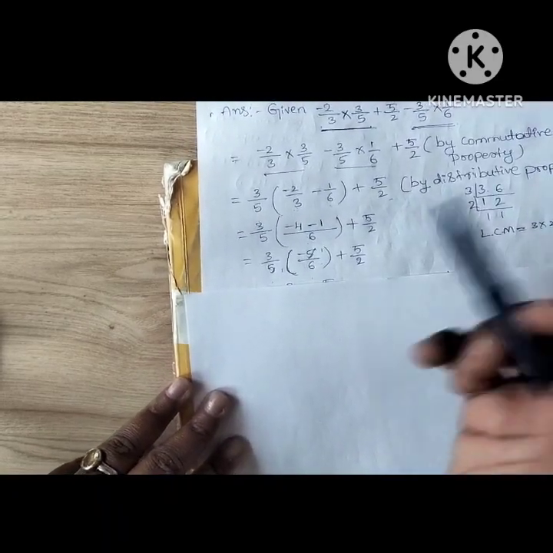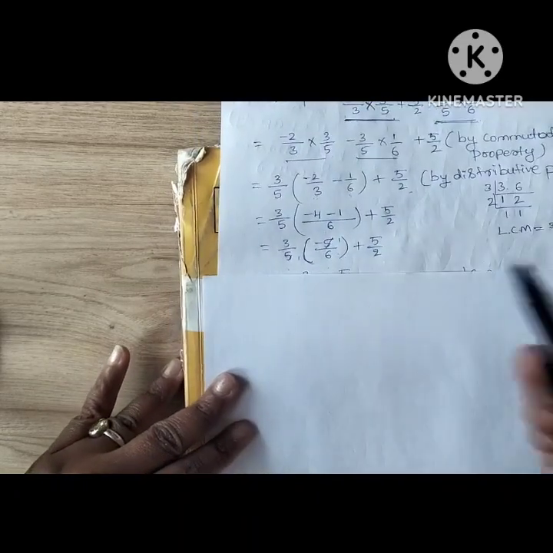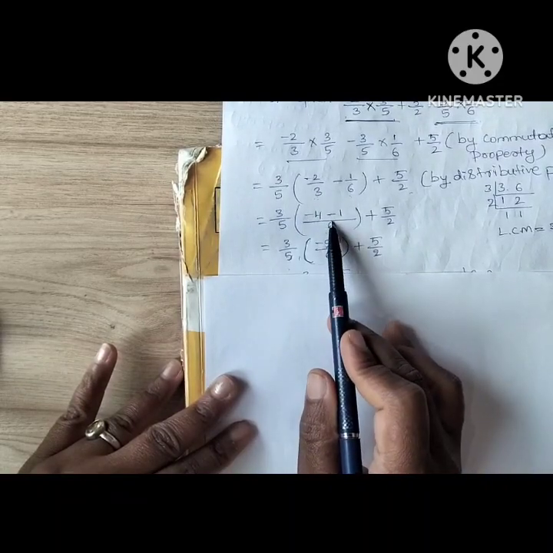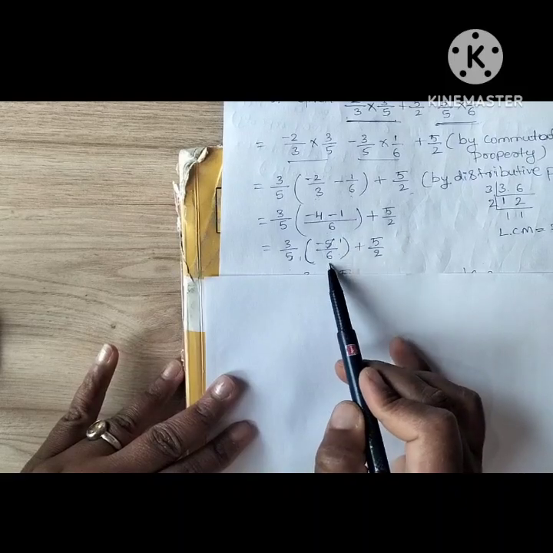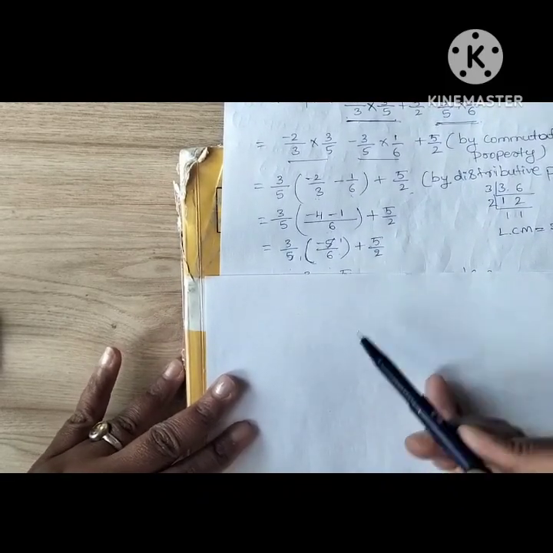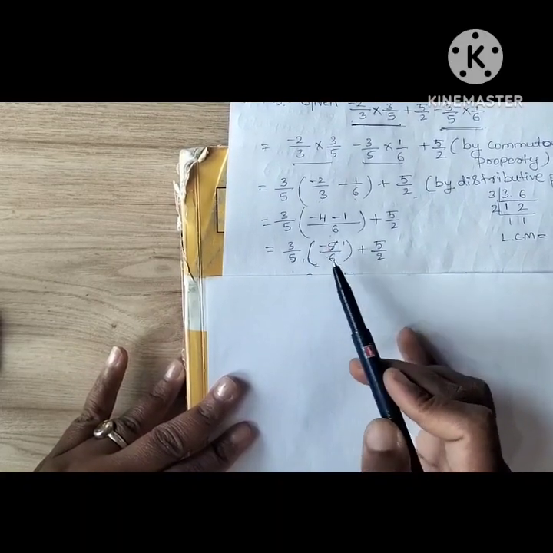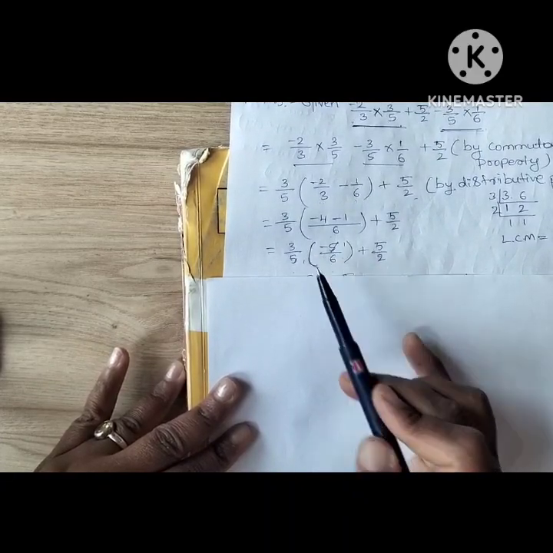In the next step, 3 by 5 and minus 4 minus 1. Here we have the same sign in the numbers, so we have to add it. Minus 4 and minus 1, minus 5 divided by 6 plus 5 by 2. Next, in these two fractions, 3 by 5 and minus 5 by 6, the middle multiplication sign is there.